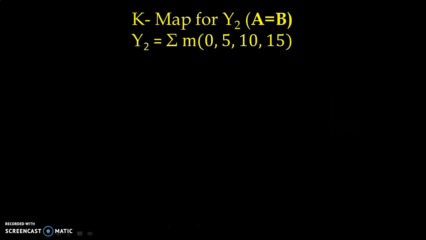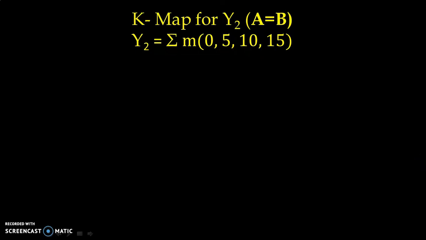Now same way, for the another condition, that is A is equal to B. Now we prepare a K-map for the second condition, that is y2. And y2 is a summation of min terms, and the given numbers for min terms are 0, 5, 10 and 15.